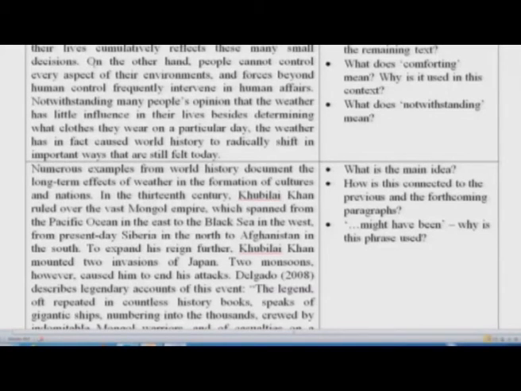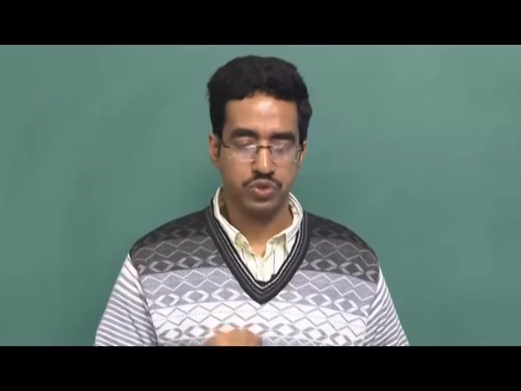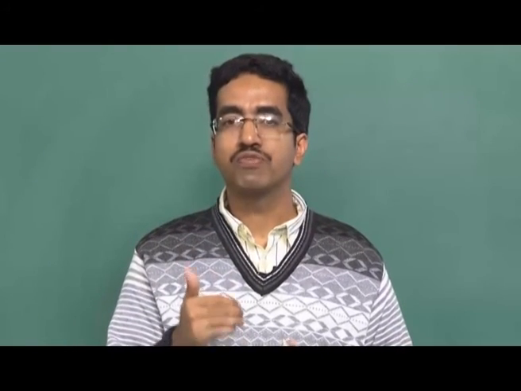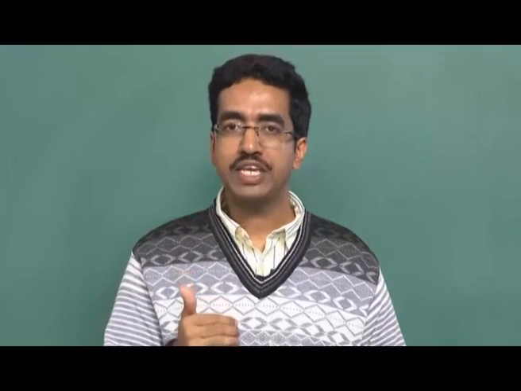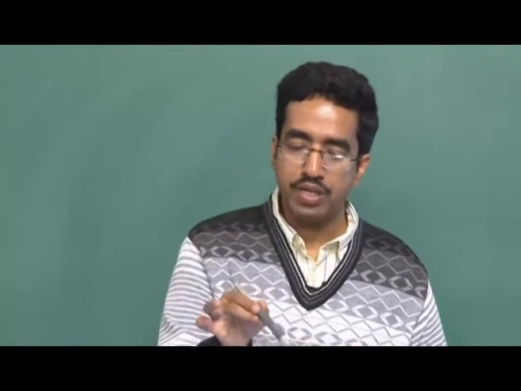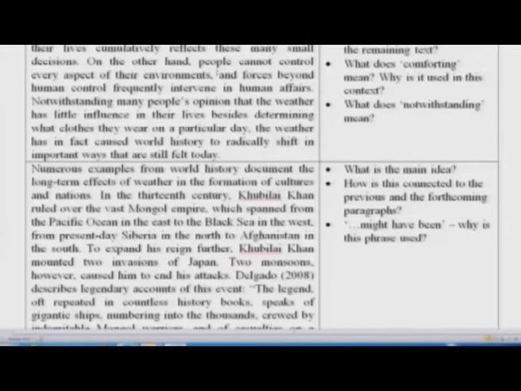Then it moves on and says, on the other hand. This linker is very important, it brings in contrast here. So, what was just discussed is the general feeling, what many people feel, but what is going to come next? People cannot control every aspect of their environments. So, this is the statement.